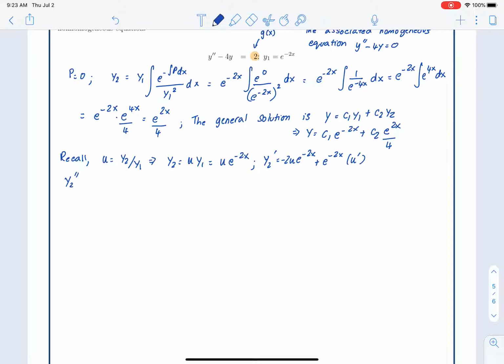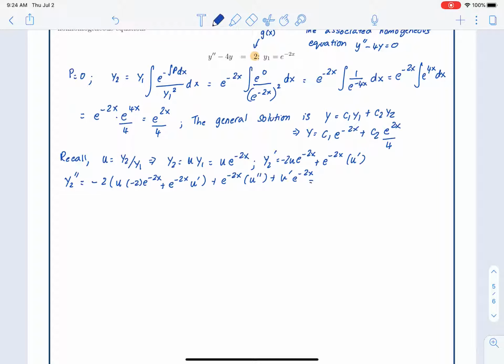y2 double prime is equal to negative 2 u negative 2 e raised negative 2x plus e raised negative 2x times u prime plus e raised negative 2x times u double prime plus u prime times e raised negative 2x.